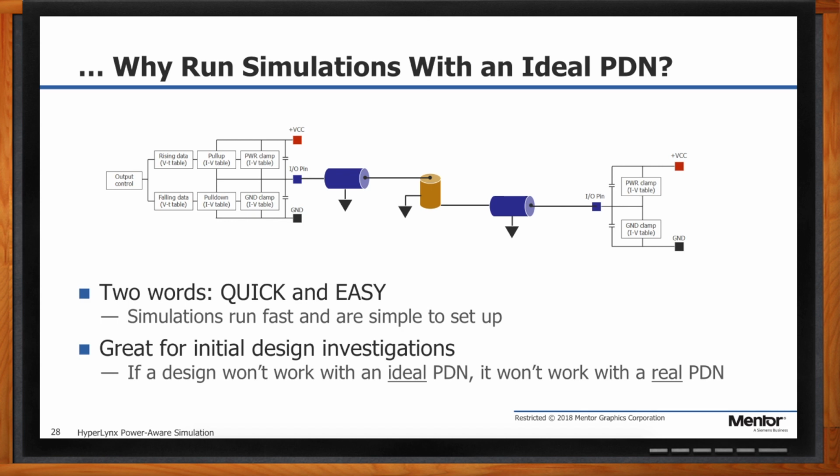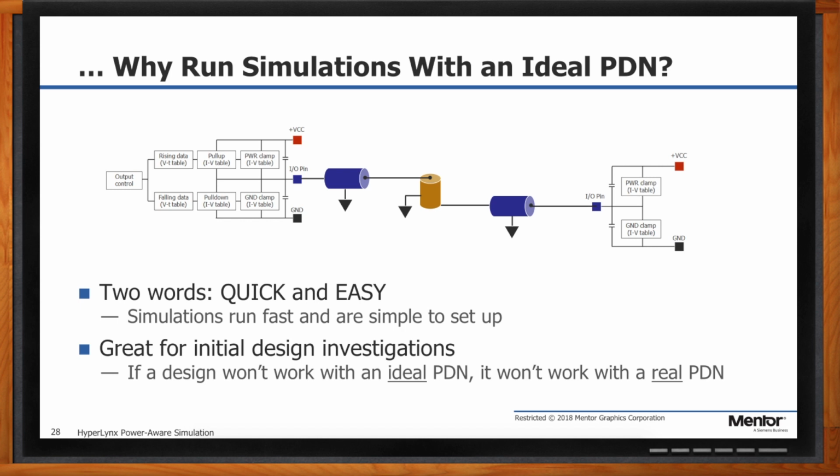When we look at this whole thing about signal PDN interaction, there's one thing that's really simple, and that is that these interactions only ever degrade system margin. So from a system design point of view, if I'm creating something that doesn't work with a perfect PDN, then there's no way it's going to work with a real PDN.